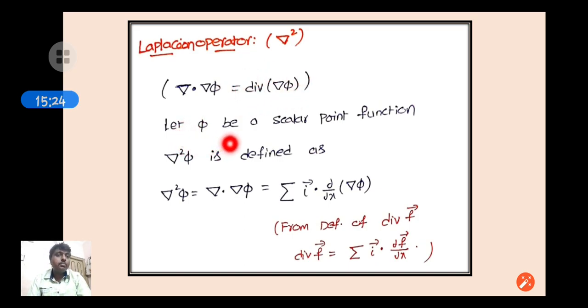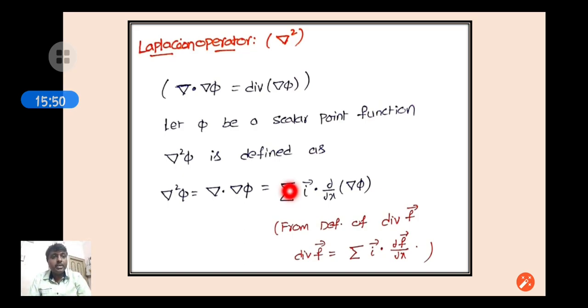Let phi be a scalar point function, then del square phi is defined as del square phi is equal to del dot del phi, that is equal to the summation i bar dot ∂/∂x of del phi. So from the original definition of divergence, I can write this.